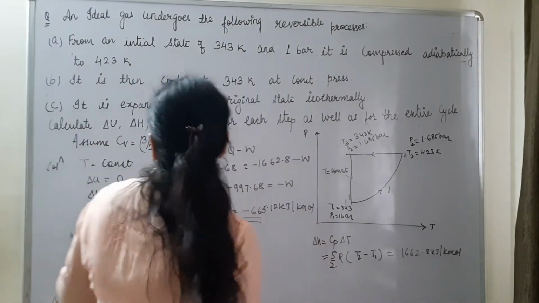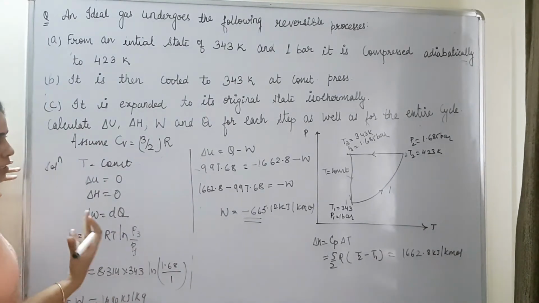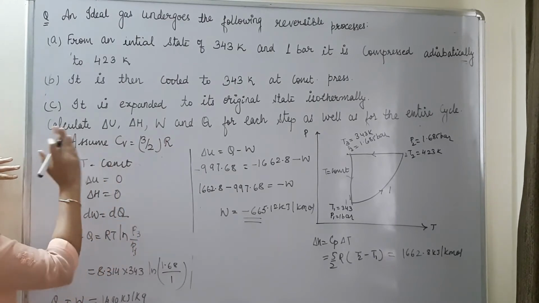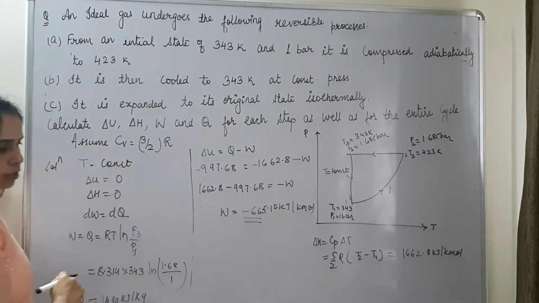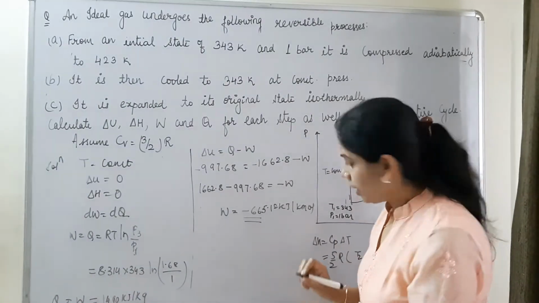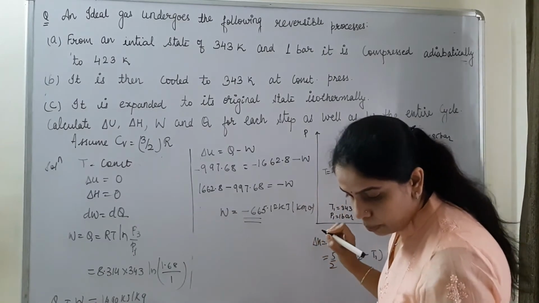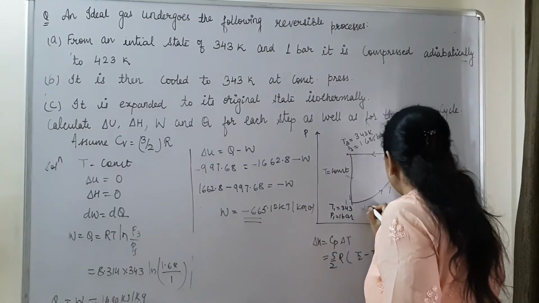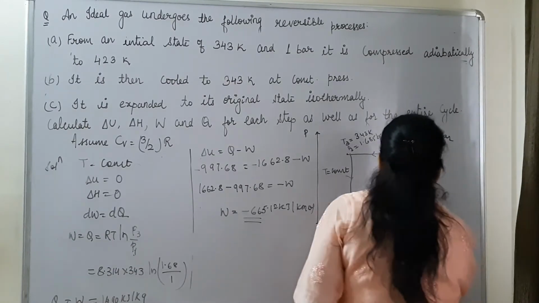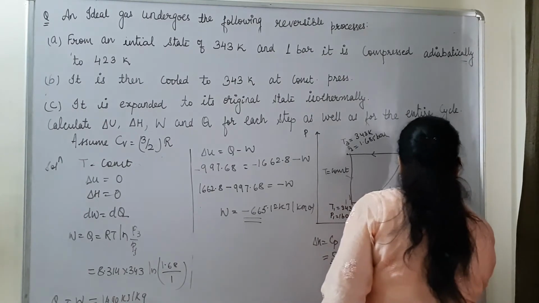Now, the calculations we did for individual steps, we found U, H, W and Q. Now we need to find them for the whole cycle. So we write down for the first step, the value of W is minus 997.68 kilojoule per kilomole.